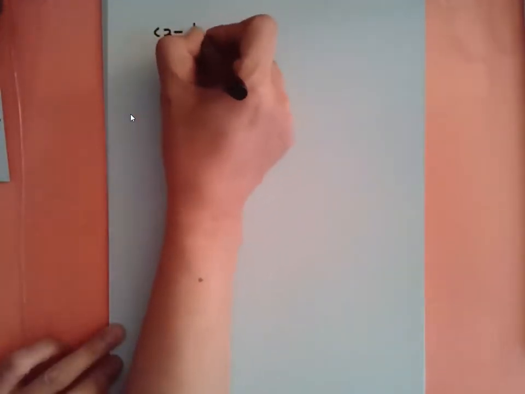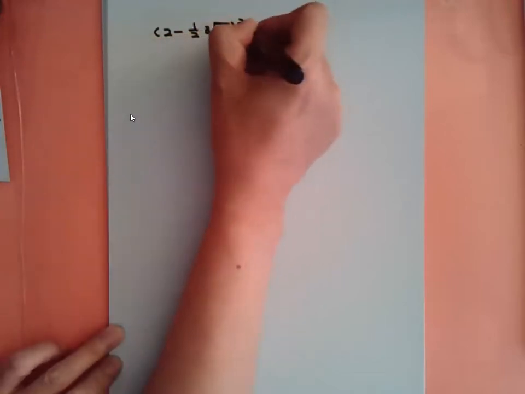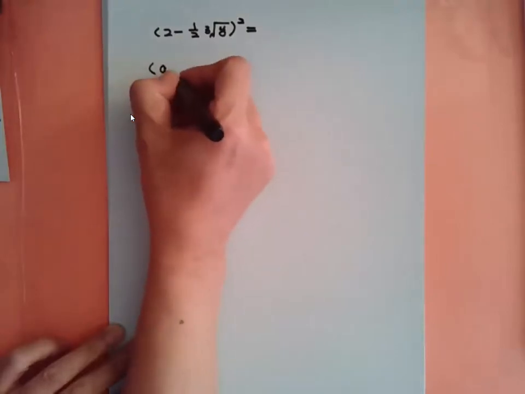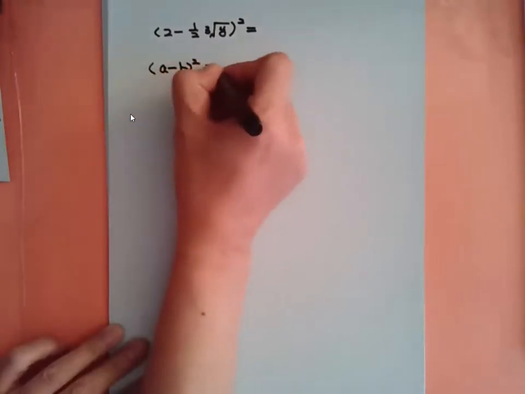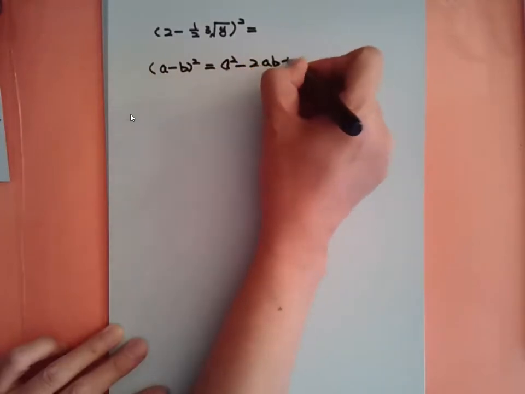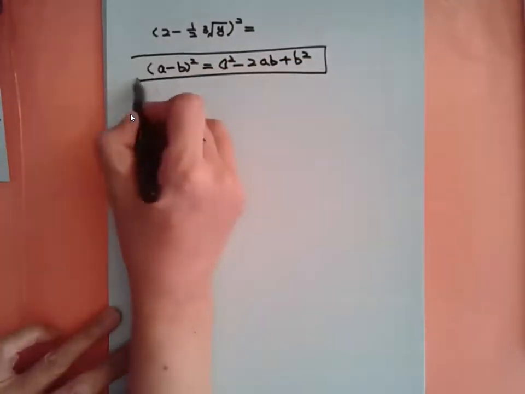2 minus 1 over 2 cube root of y, squared: I'm using (a minus b) squared is a squared minus 2ab plus b squared, or you can do FOIL if you want.